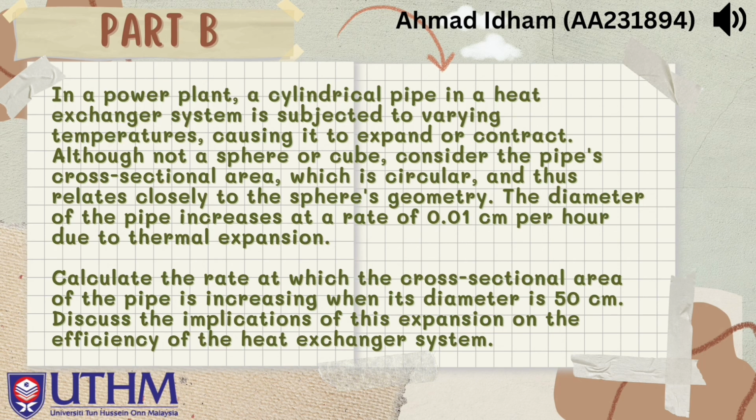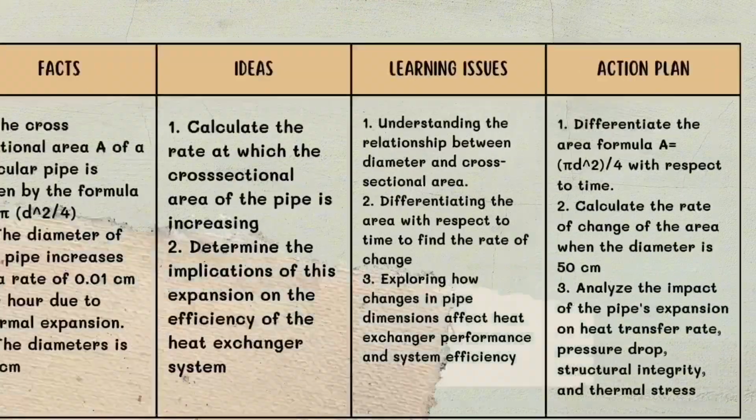The diameter of the pipe increases at the rate of 0.01 cm per hour due to thermal expansion. Calculate the rate at which the cross-sectional area of the pipe is increasing when its diameter is 50 cm. Discuss the implication of this expansion on the efficiency of the heat exchanger system.